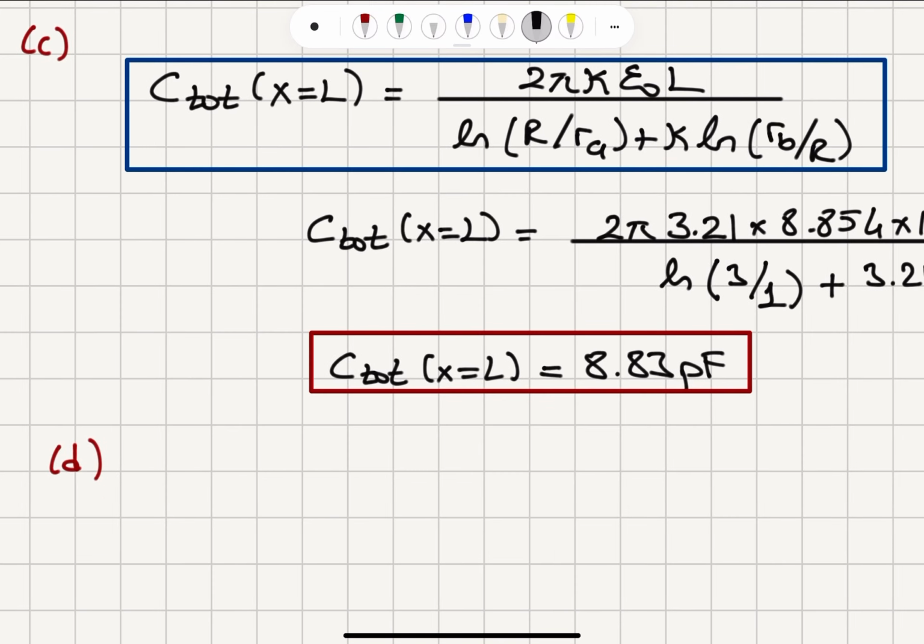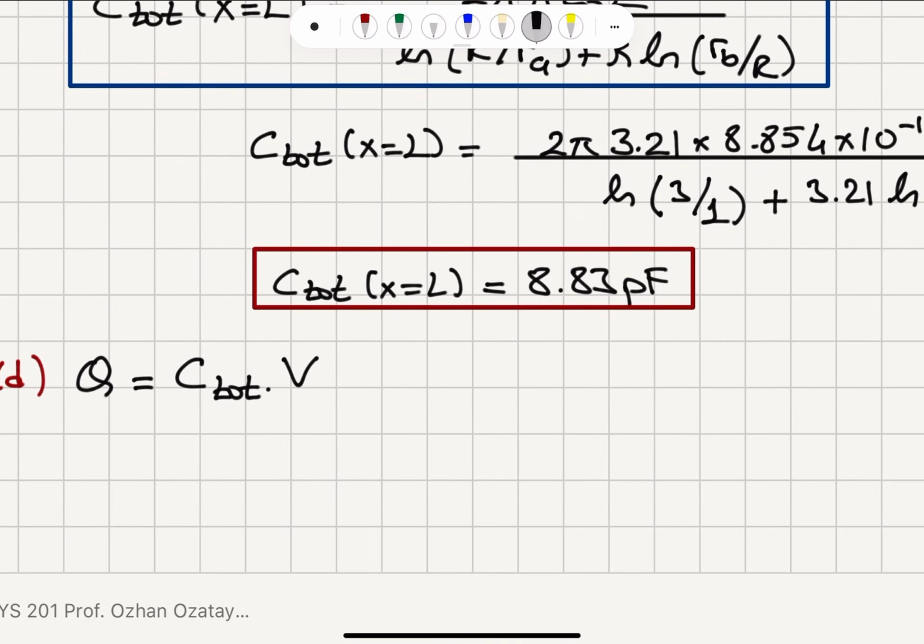Now the relationship between the charge and the voltage is given by Q equals C total times V. So C total will be equal to the charge divided by the voltage, and we're looking for 6 nanocoulombs of charge.